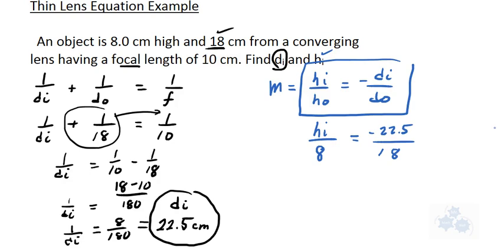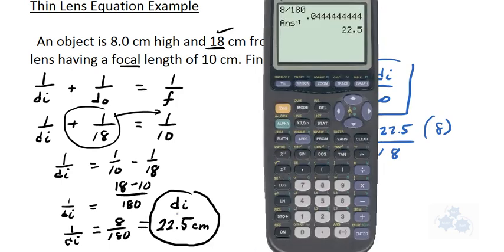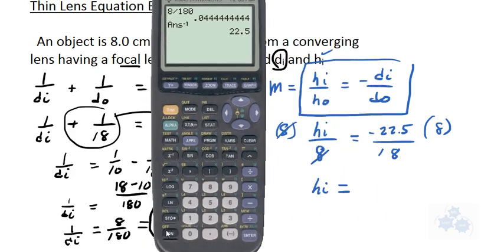So does that look good? Any mistakes there that you can see? So we multiply both sides by 8 now to get rid of this 8 right here. And so hi is, on your calculator, you just go ahead and do negative 22.5 times 8 divided by 18.